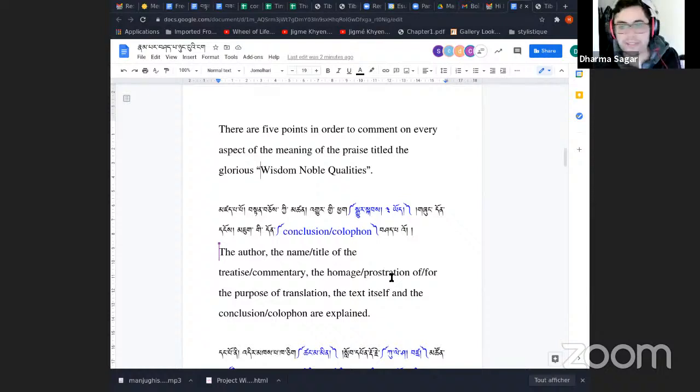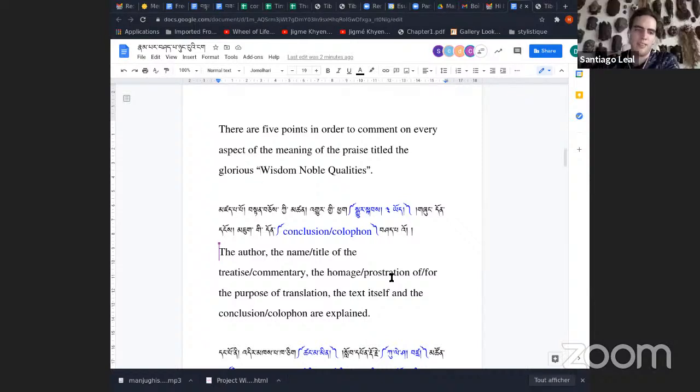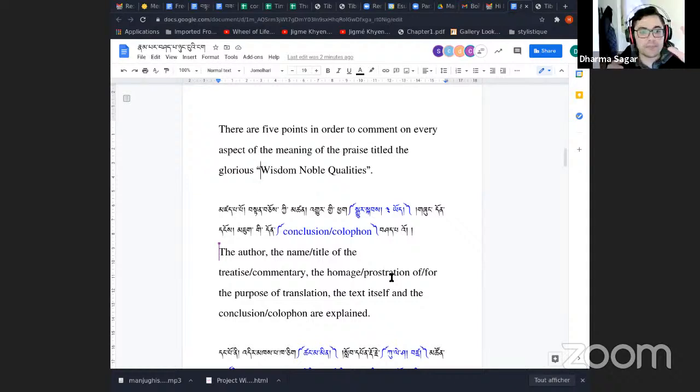But in order to make sense of the name, you should ask a Sanskritist how these three words put together give meaning: wisdom, qualities, and noble, one beside the other in Sanskrit. You cannot just imagine it by yourself. In Tibetan it doesn't make sense, which is why I refuse to do it.